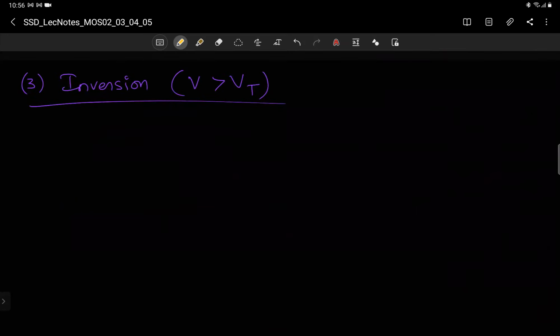I will try to finish MOSFET this week. Of course, I am waiting for some decisions. But as per my plan, before any other things happen, I wanted to finish MOSFET, which is very important for your future courses in electronics.